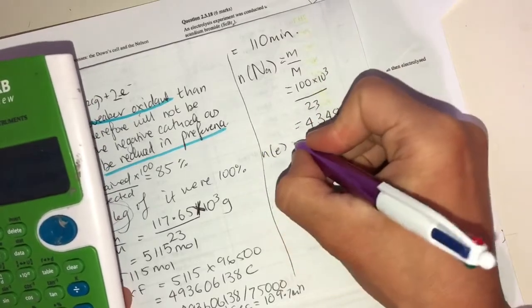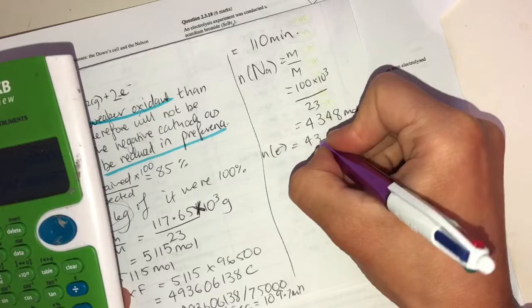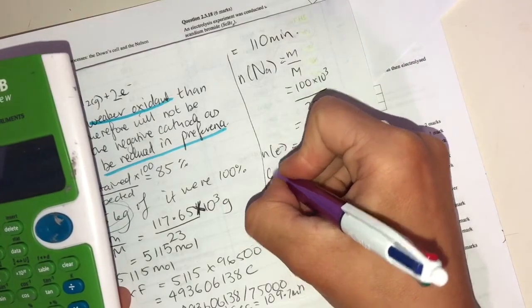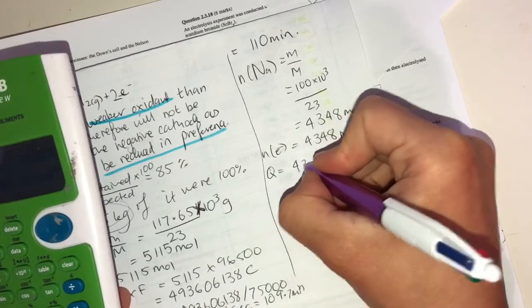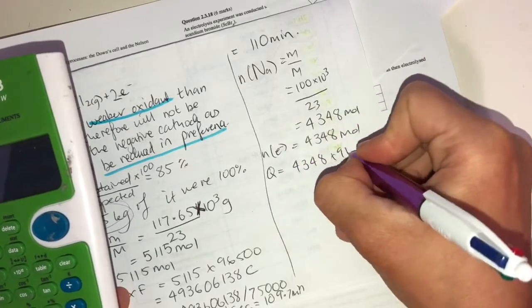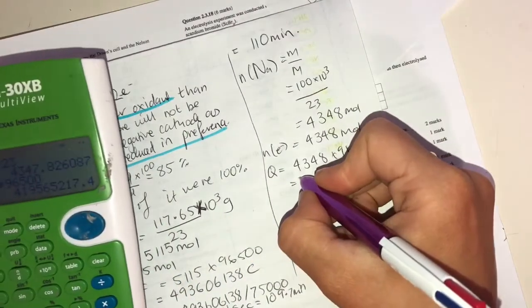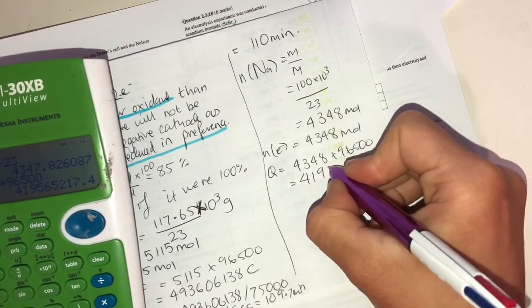Moles of electrons equals 4348. Q equals Ne times F. And then, it's such a big number.